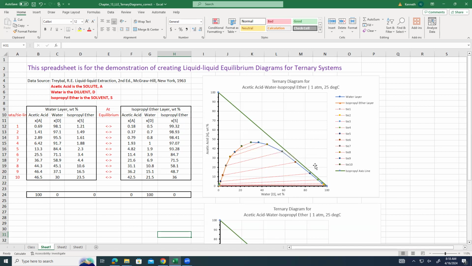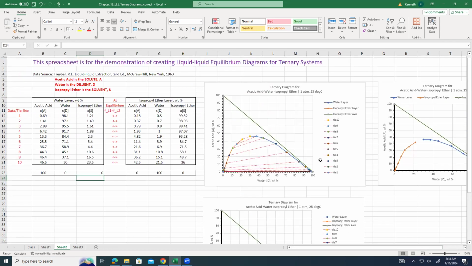But what these points are mainly important for is the conjugate curve, which is made just by plotting the x values from our water in the water layer, or our D in the D layer, and then our A in the S layer.